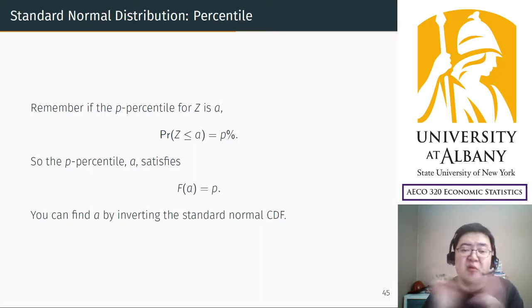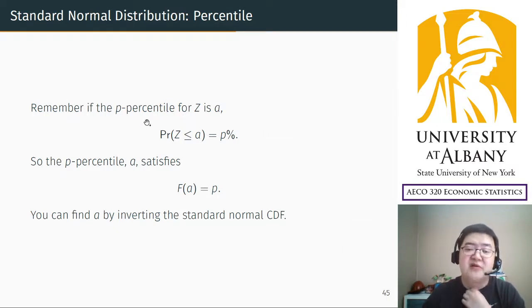Remember from chapter 3 we considered percentile, and roughly speaking, the p percentile for z is defined as the value which satisfies that the CDF, the cumulative probability, equals p%, right? If it was the 15th percentile, you have to have 15%. Like the 90th percentile will be 90%.